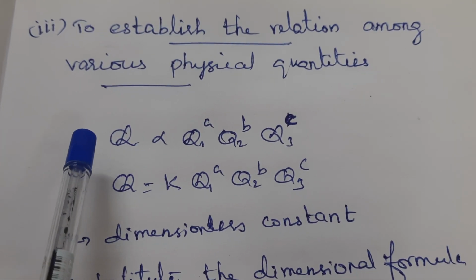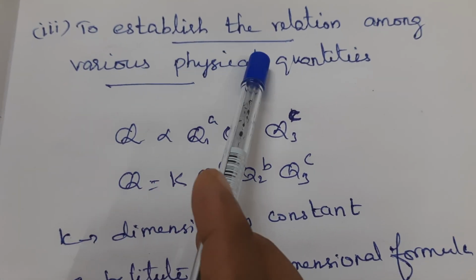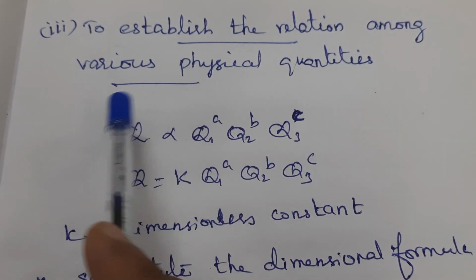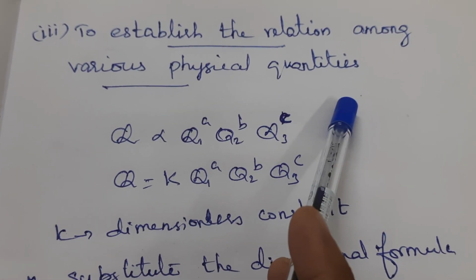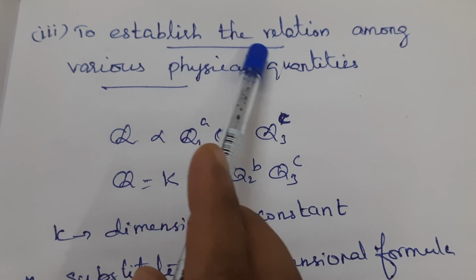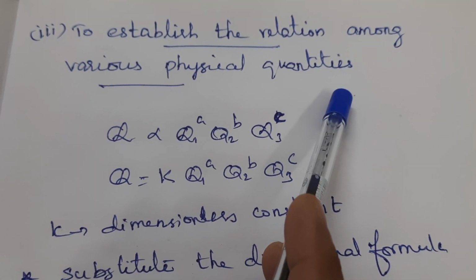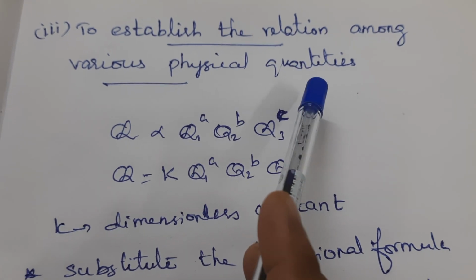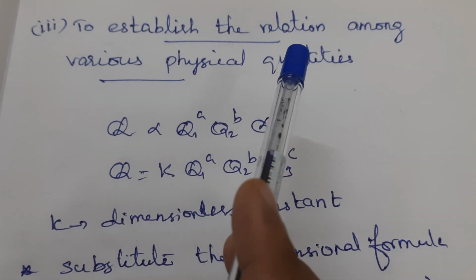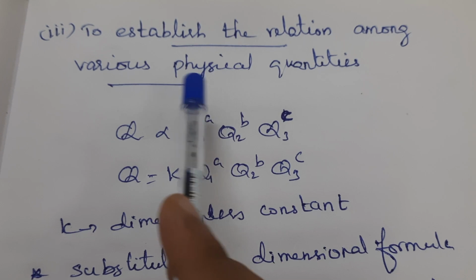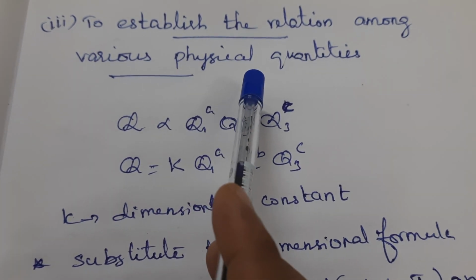What is the third use? To establish the relation among various physical quantities. That is, some quantities are given, and based on the problem, you have to find the relations among the quantities.